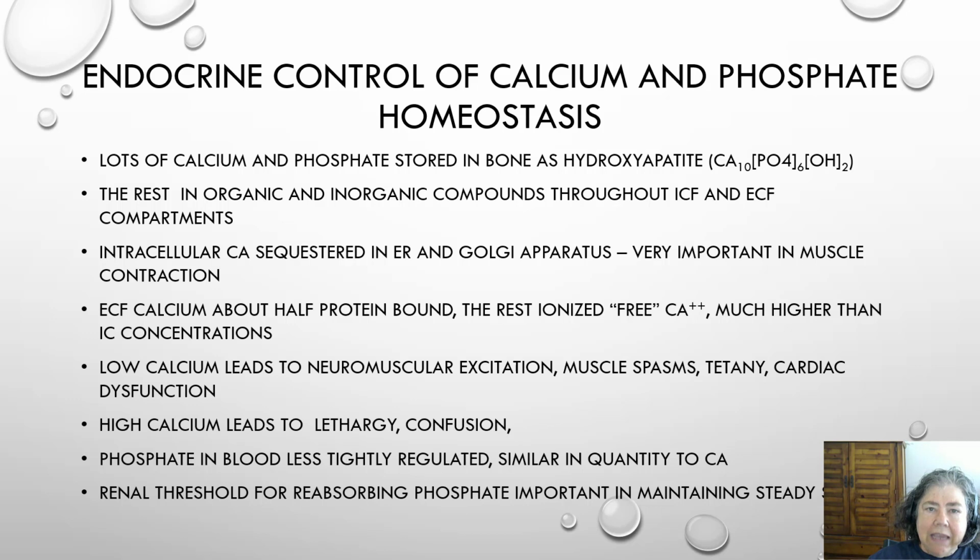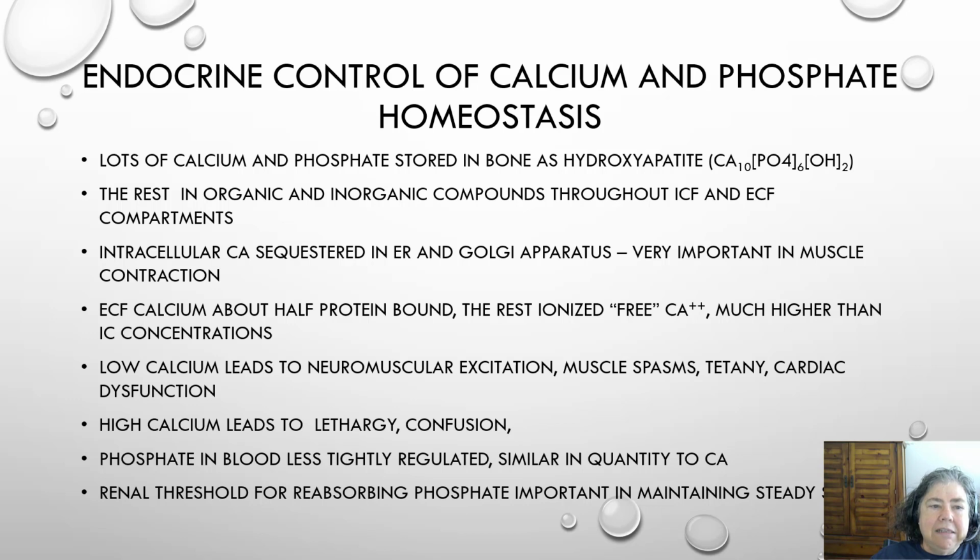And the rest of the calcium and phosphate are throughout primarily the extracellular fluid compartment with some in the intracellular fluid compartment, particularly phosphate. And they are in both organic and inorganic forms.